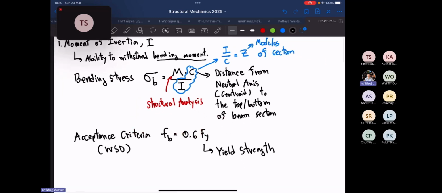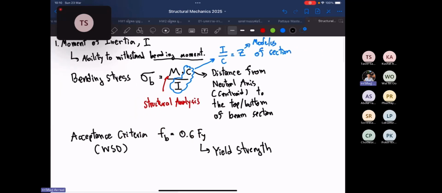Okay, about 60% of the yield strength of the material. And then you can decide the appropriate section by selecting the appropriate moment of inertia and the parameter C, or you can select from the steel table directly the modulus of section like this.